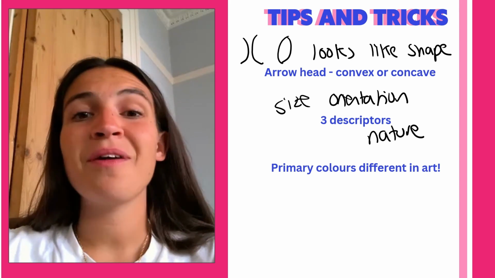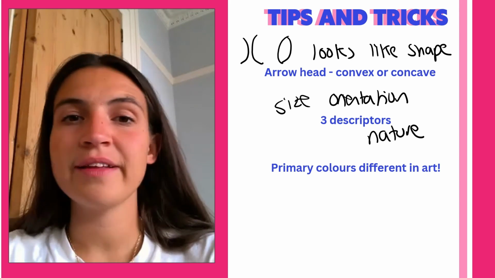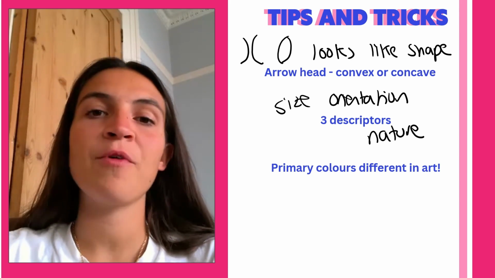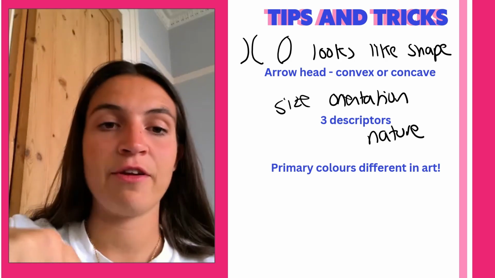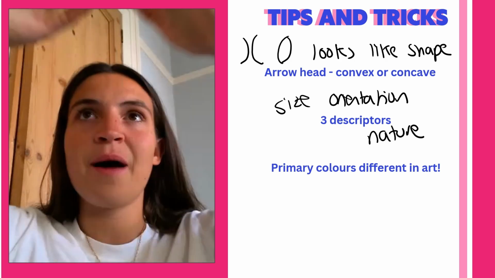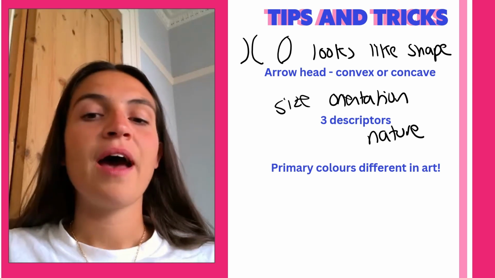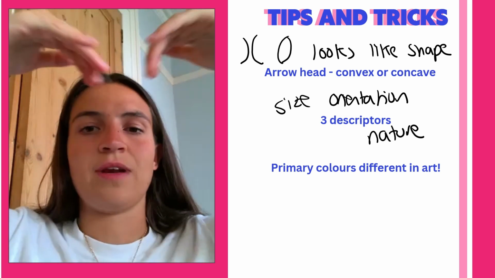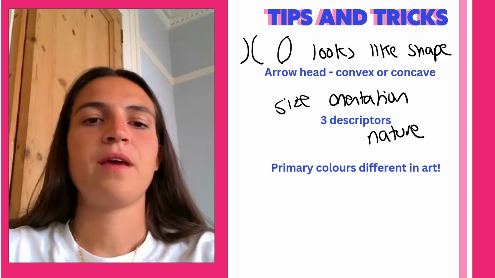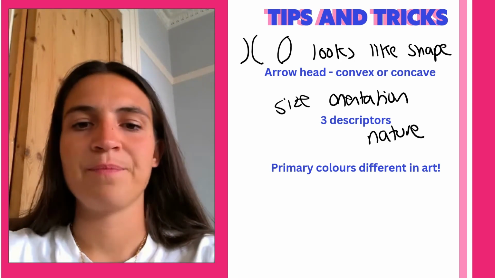And the arrowheads at the end sort of look like the shape of the lens. So remember, for your convex one or converging one, you had the arrows pointing outwards. So that looks more like a rounded shape. And for your concave one, where you had the arrows pointing inwards to show your lens, that looks a bit like that concave shape there.